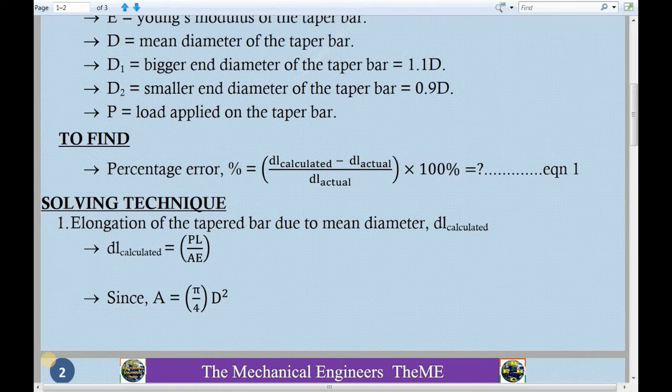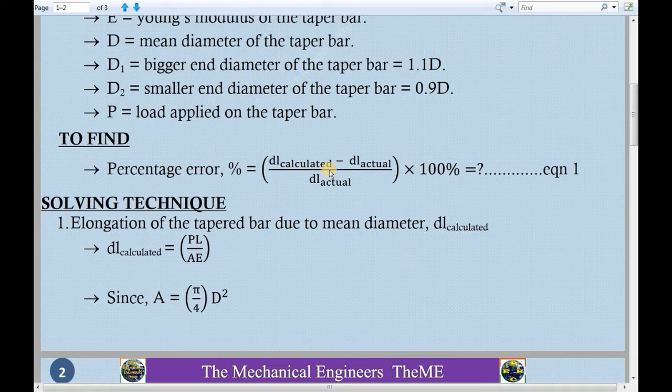Okay. The universal formula for percentage error is percentage error equals measured value minus actual value, whole divided by actual value, into 100%. So similarly, percentage error in calculated elongation or deformation value obtained from the mean diameter of the tapered bar is percentage error equals dl calculated minus dl actual, whole divided by dl actual, into 100%.